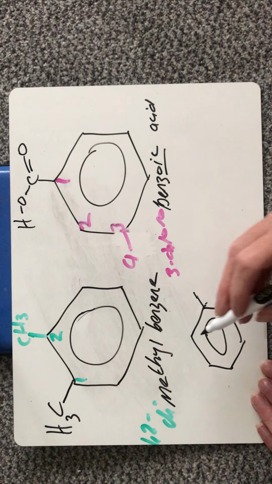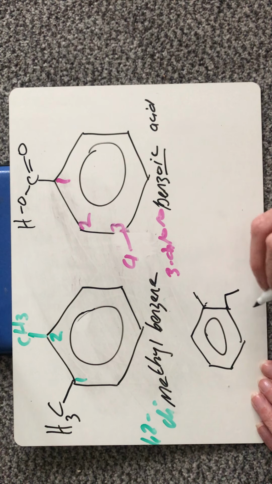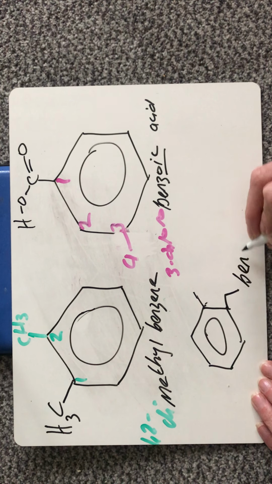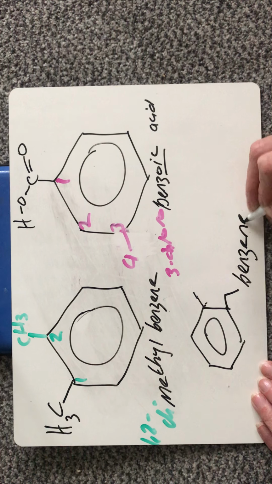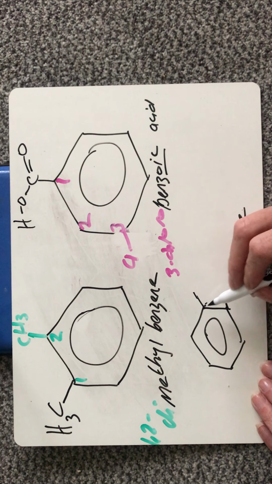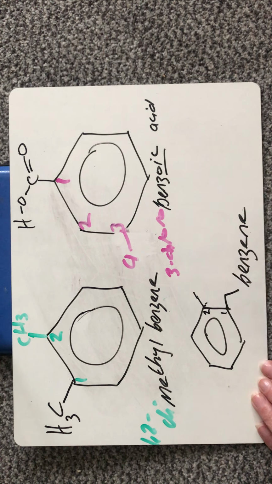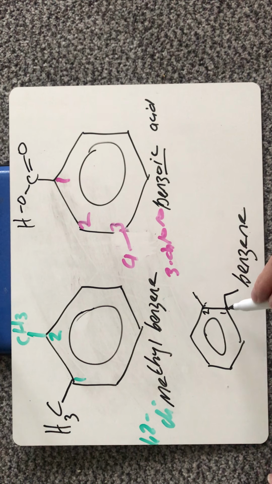So this time it's still benzene, and we're going to number it 1, 2. I'm starting with the longer chain as number 1 and this one here number 2. And as I said, you just number it and you don't worry about whether it's clockwise or anti-clockwise. You just do whichever one gives you the lowest numbers.